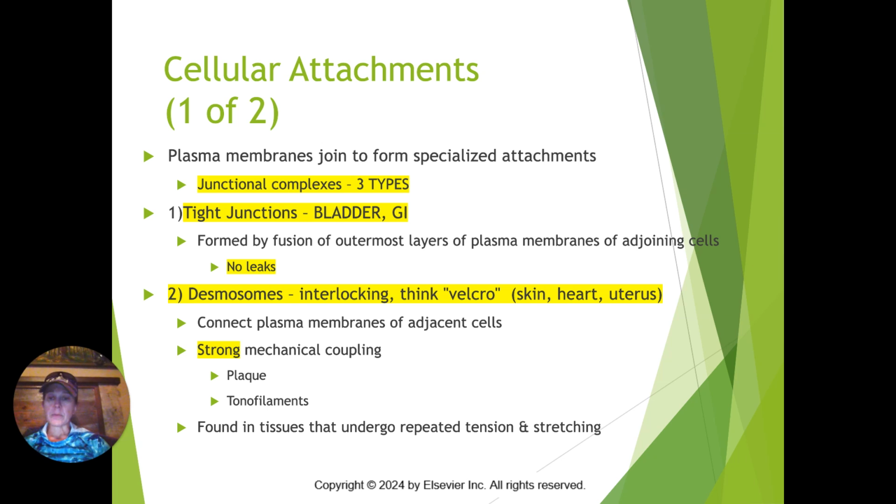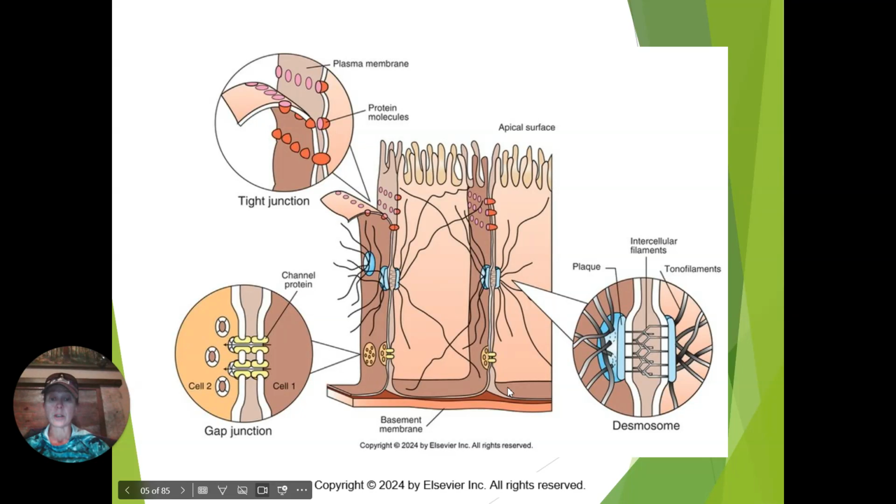And then you can also have something called desmosomes, and desmosomes are Velcro-like kind of plaques between the cells that interlock not only with each other side to side, but the desmosomes also have little tonofilaments that go through the cell tissue on either side, allowing it to be very, very strong. So these are important and found in tissues that undergo a lot of stretching and a lot of tension.